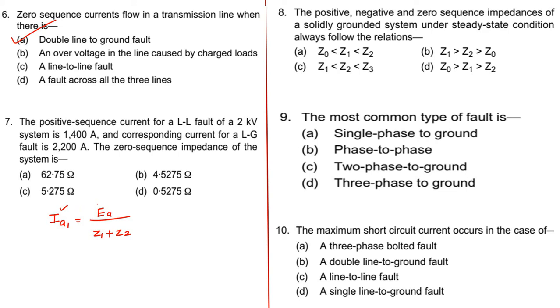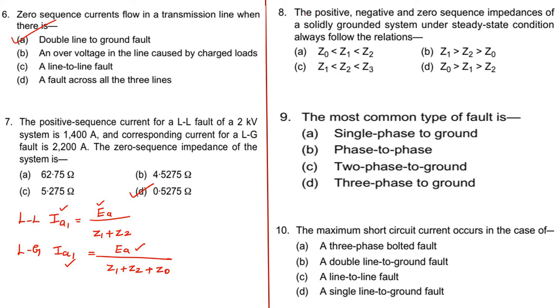EA is given, the fault current is given, and for LG fault, IA1 equal to EA divided by Z1 plus Z2 plus Z0. So here also IA1 is given. Using this, I substitute the values and finally I get the answer D, 0.52750.